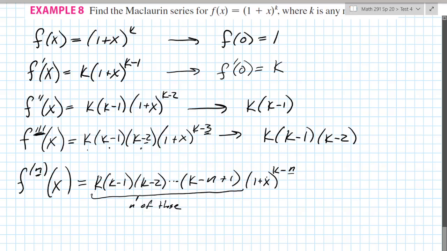Third here, second there, and negative n plus 1 there. Okay? So then the nth derivative, evaluating it at x equals 0 gives us just that coefficient k, k minus 1, dot, dot, dot, k minus n plus 1 there.